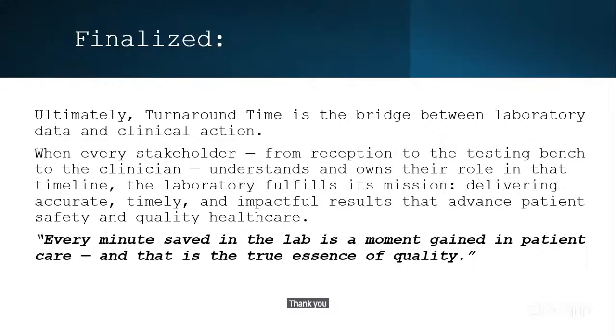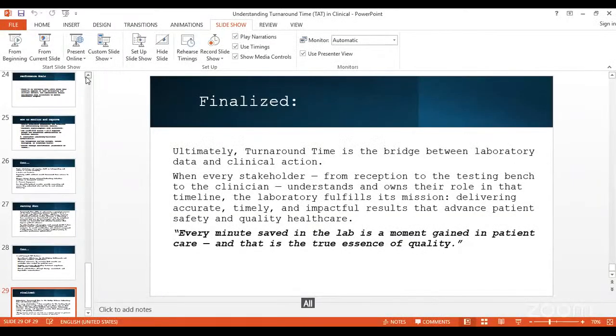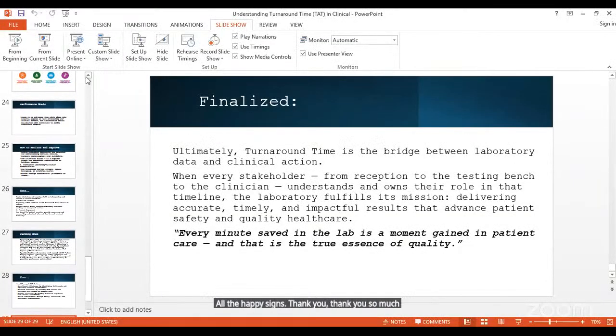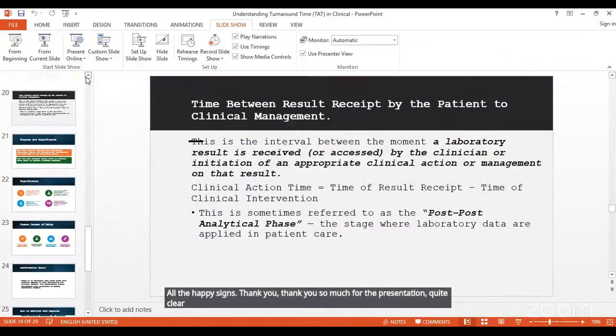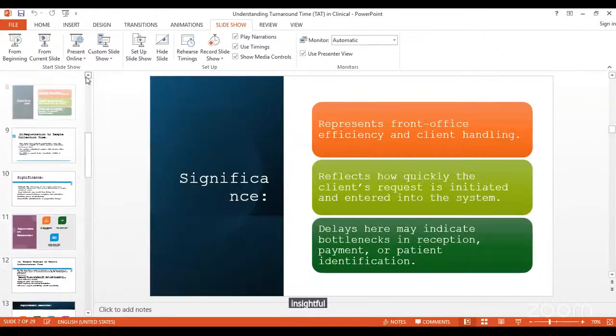Thank you very much, Nelly. I bring it back to you. Thank you. Thank you very much, Davis. We can give him a clap, his flowers, and all the happy signs. Thank you so much for the presentation. Quite clear and quite elaborative, insightful, and we've really learned.